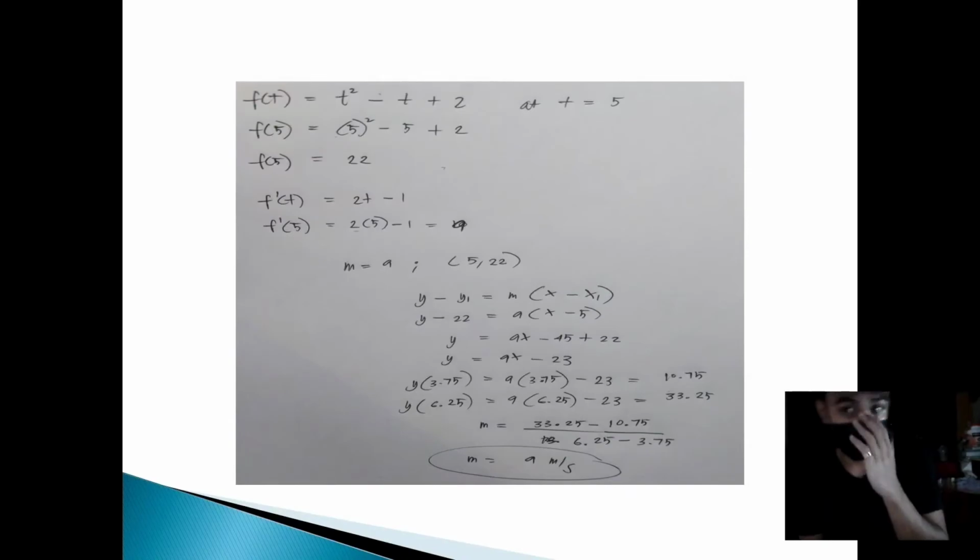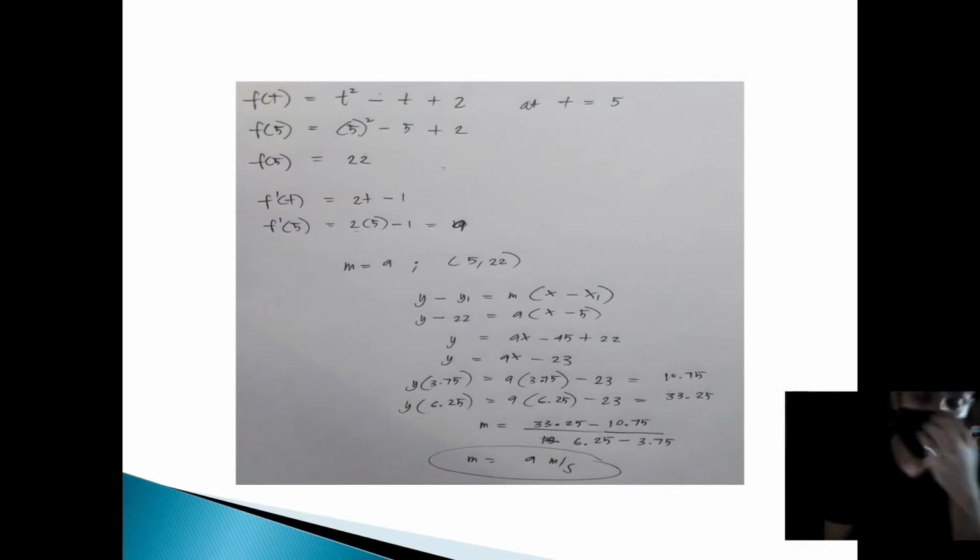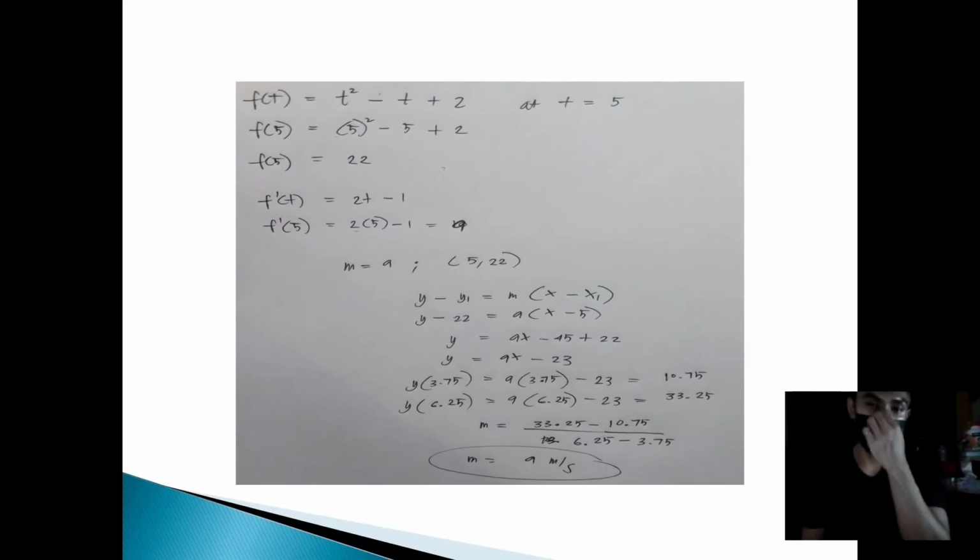So at first, we're going to find the x and y values when x is equal to 5. So we're going to substitute that. 5 squared minus 5 plus 2 is equal to 22. So the x and y values are 5 and 22. And the third thing that we need is the slope. So in order, the value of x is equal to 5 at f prime of t.